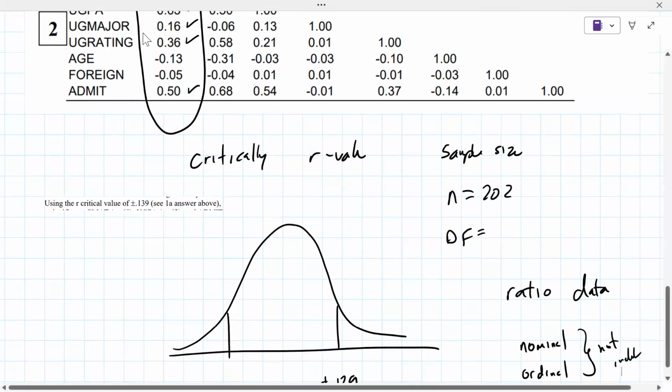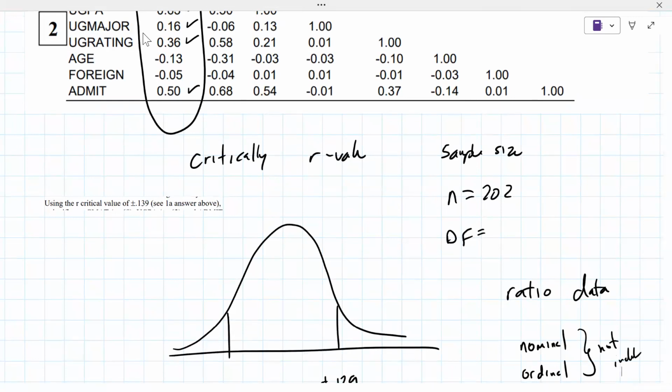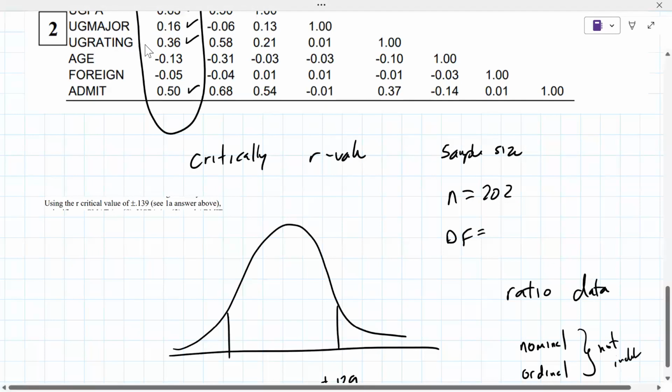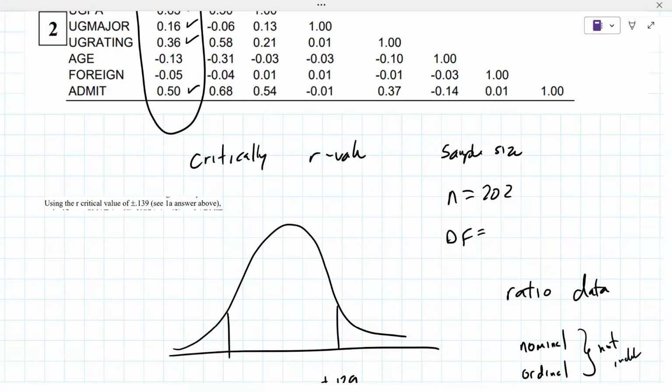That's a little wrinkle that's probably why this class is so difficult for students. So those would actually not be in your answer. They're saying that the undergrad major itself wouldn't be in there, and then the undergrad rating, I don't know what that is.